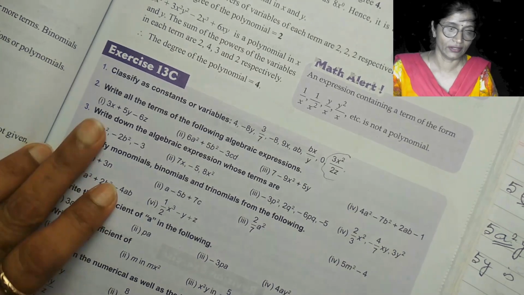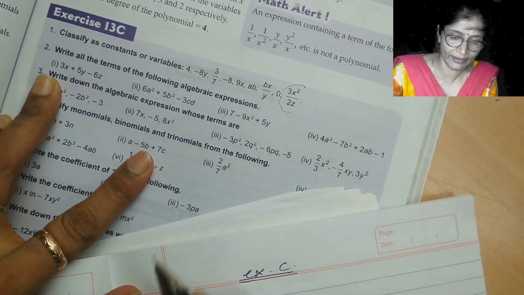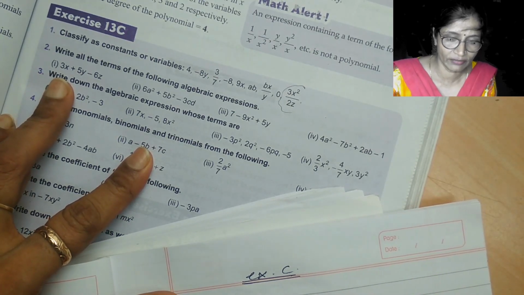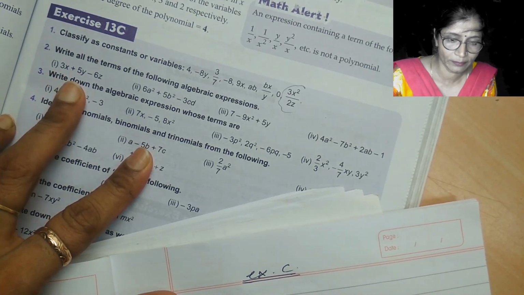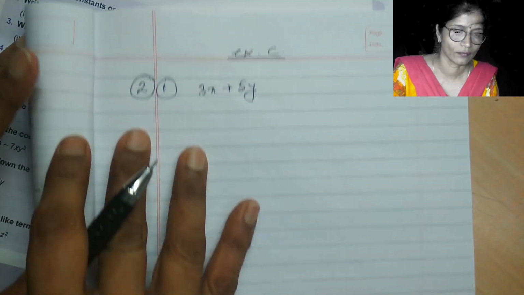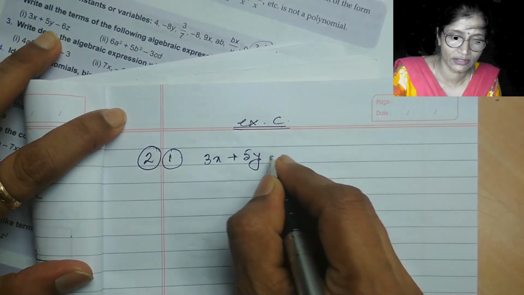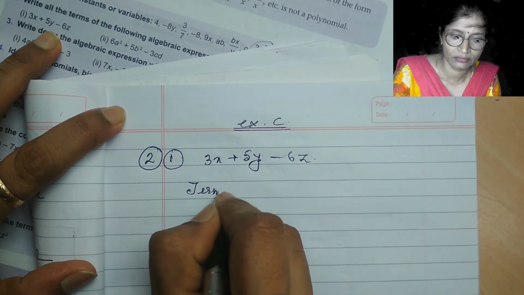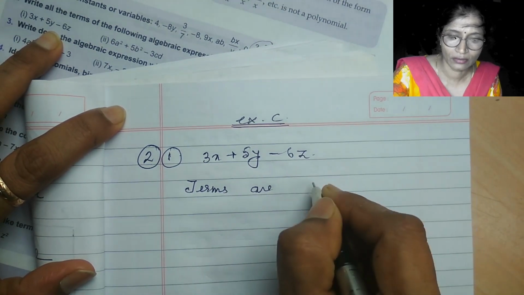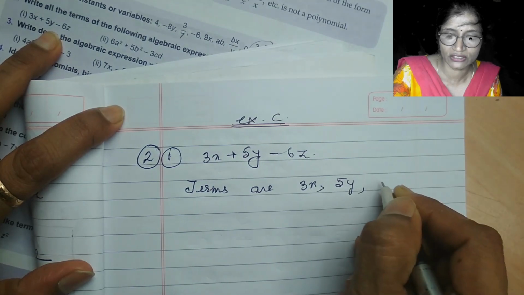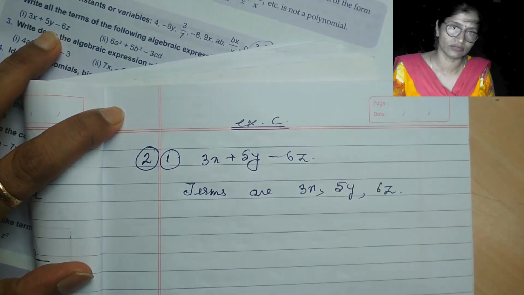So the terms in this expression are 3x, 5y, 6z. These are the 3 terms.